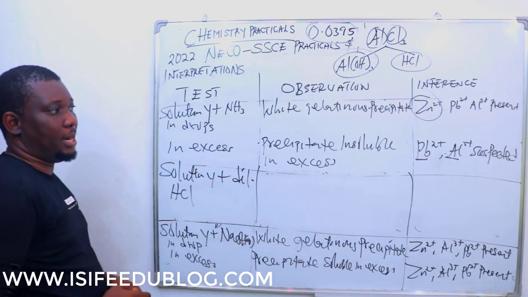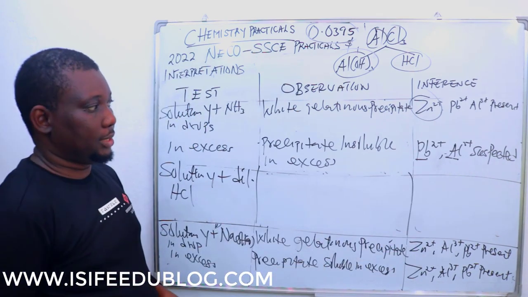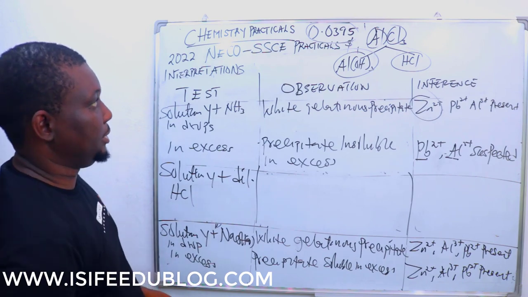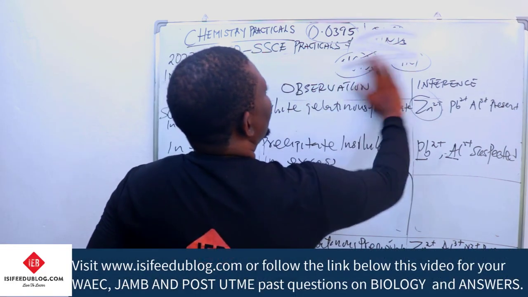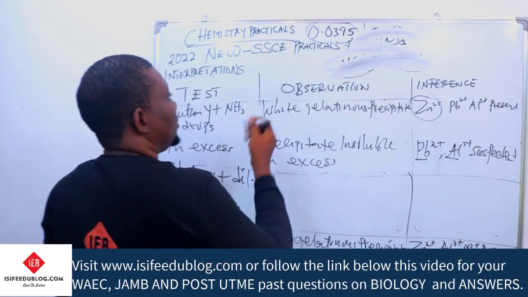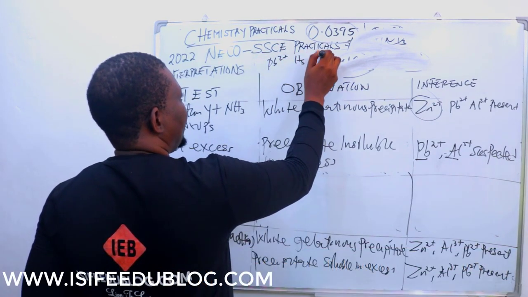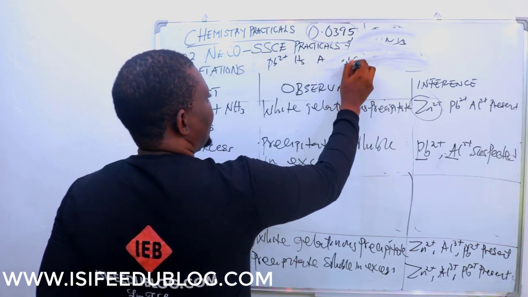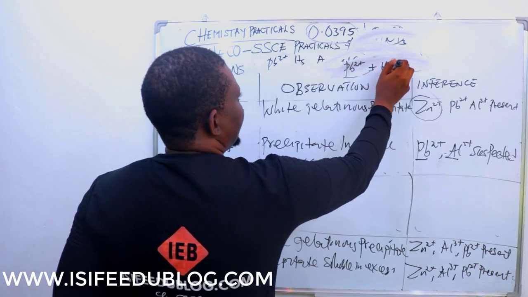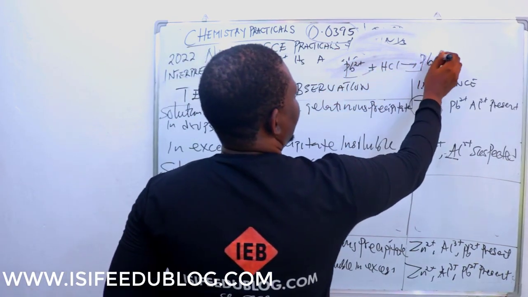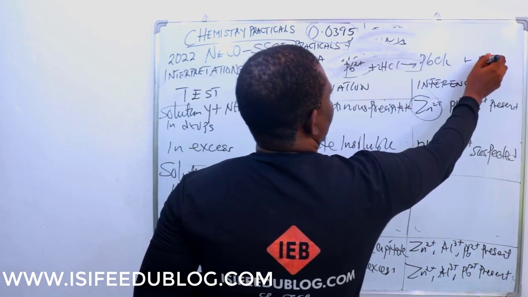There is something you must know about lead salts: all chloride salts are soluble in water except those of lead, mercury, and silver. So when you have a lead salt plus HCl, it's going to give you lead chloride plus H2.